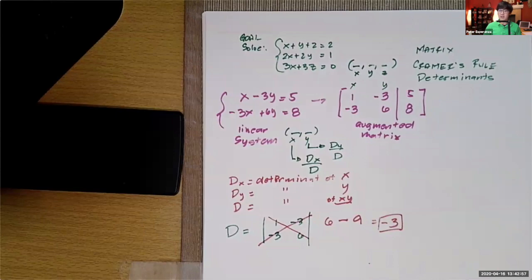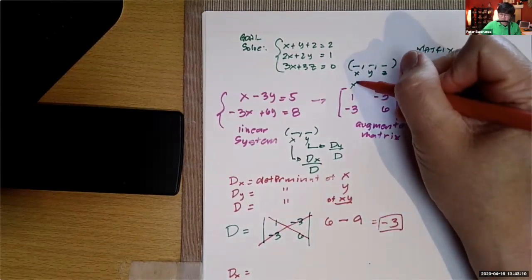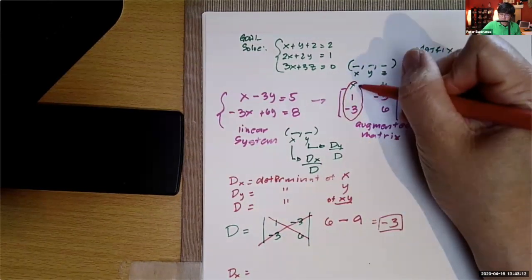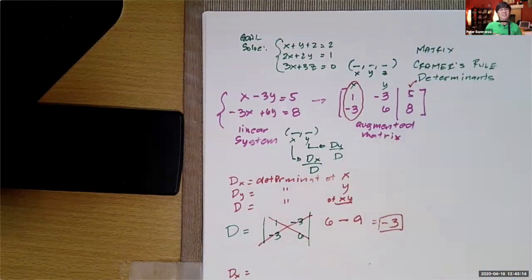Are you guys following? I hope so. Now the dx. How do we find the dx? We find the dx by replacing the x column with the right-hand side, 5 and 8. So now we're using Cramer's rule.